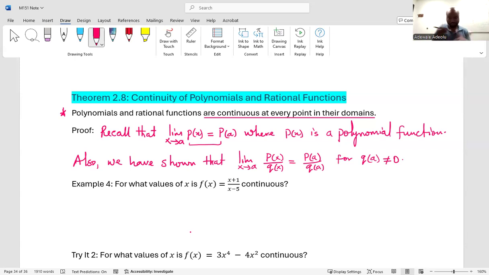We have also, this part is a direct consequence of our work here. I believe that is in lesson 3.